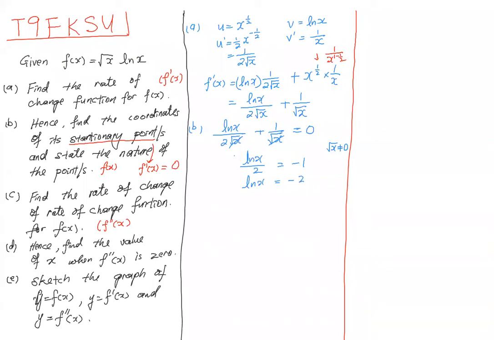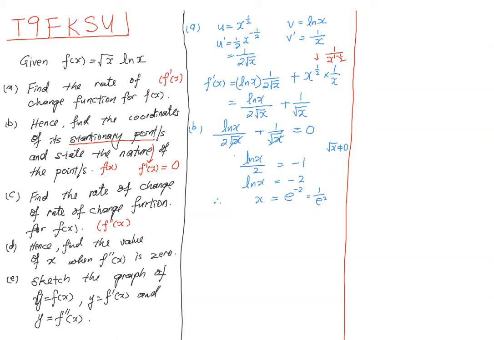Therefore, you change from ln to exponential. So your x is e to the power of negative 2. Okay? Done? So this is 1 over e to the power 2, if you want to write it in this way.